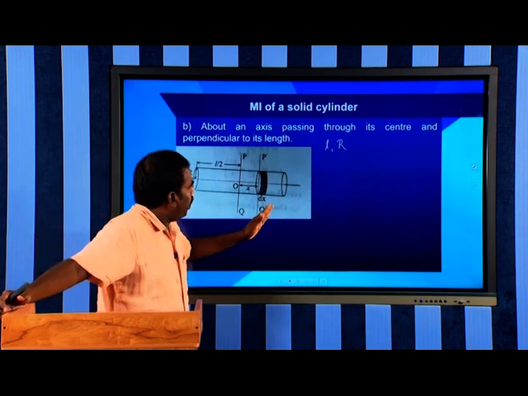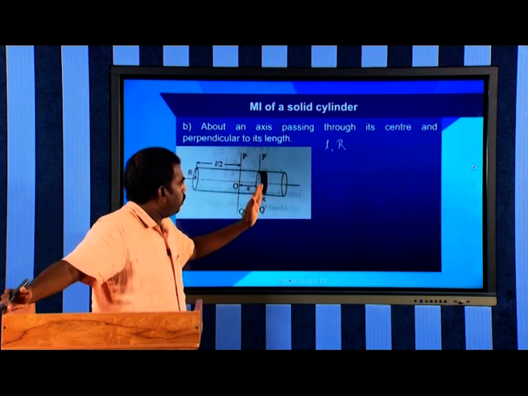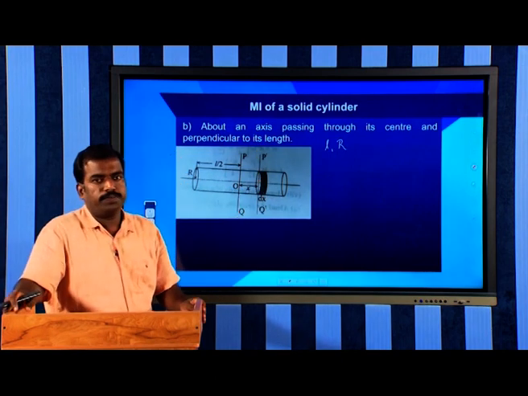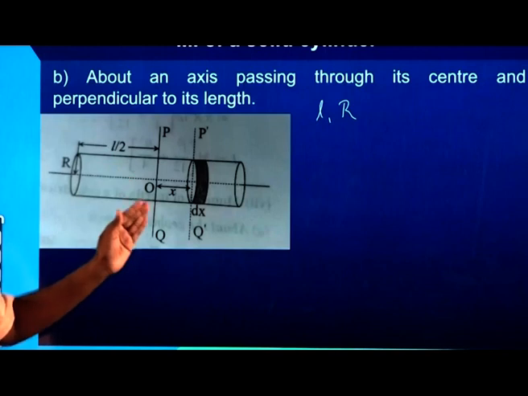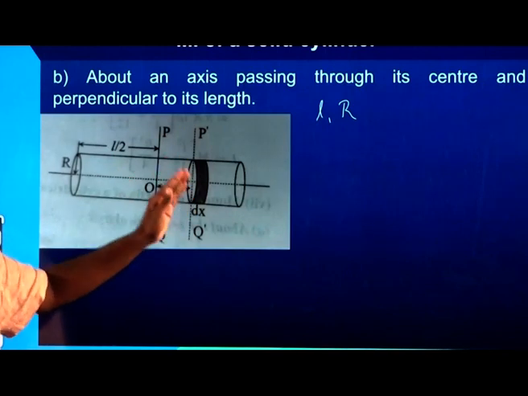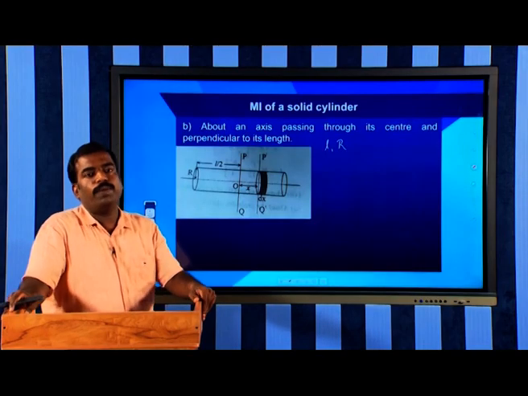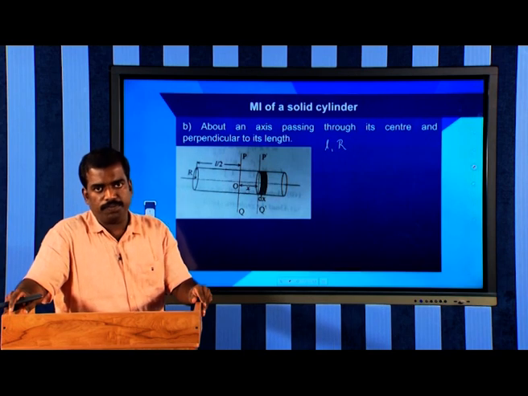We first find the moment of inertia of this circular disc about p dash q dash, then find the moment of inertia of the same disc about the axis p q by using the parallel axis theorem.